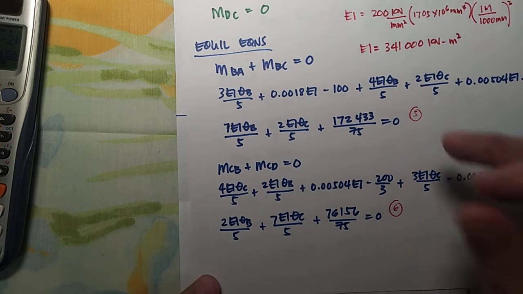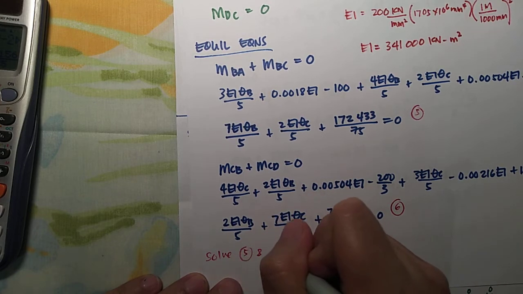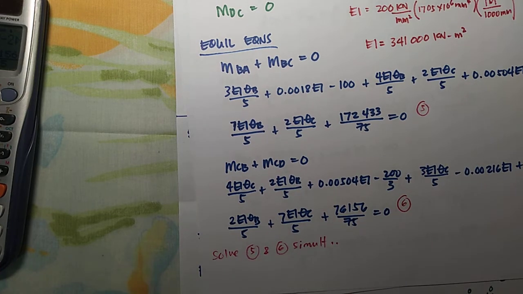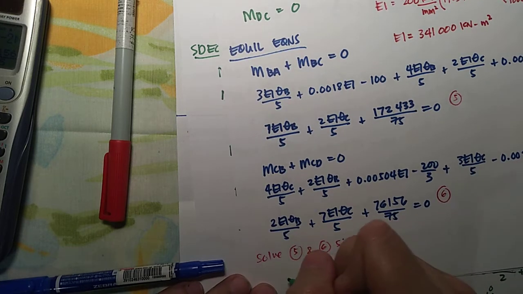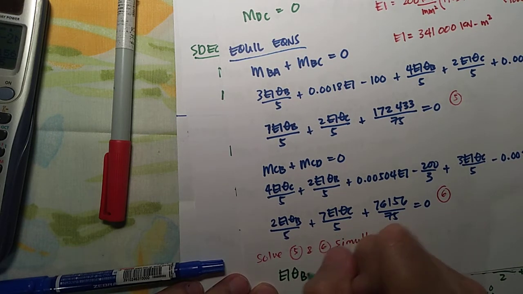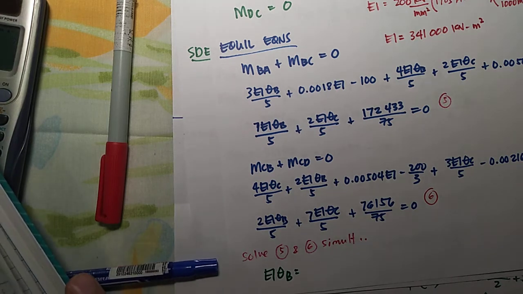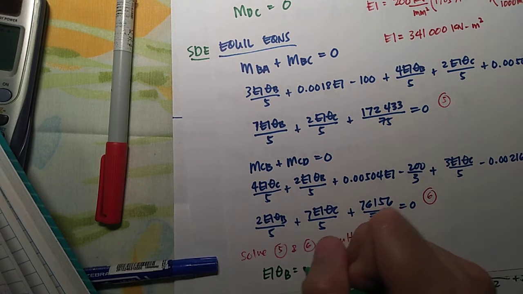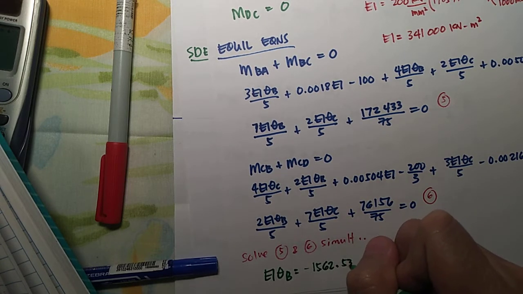So we have equation 5 and equation 6, simultaneous equations. Solving these two simultaneous equations, solve equation 5 and equation 6 simultaneously, this will give us the answer for EI theta B. Okay, so the answer there is negative 1562.5302.